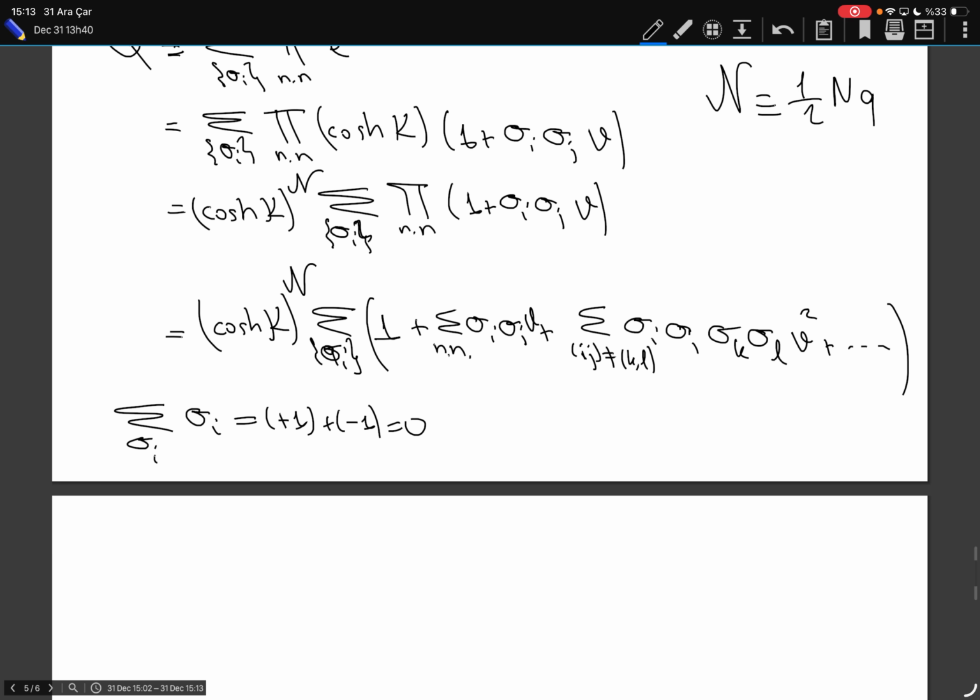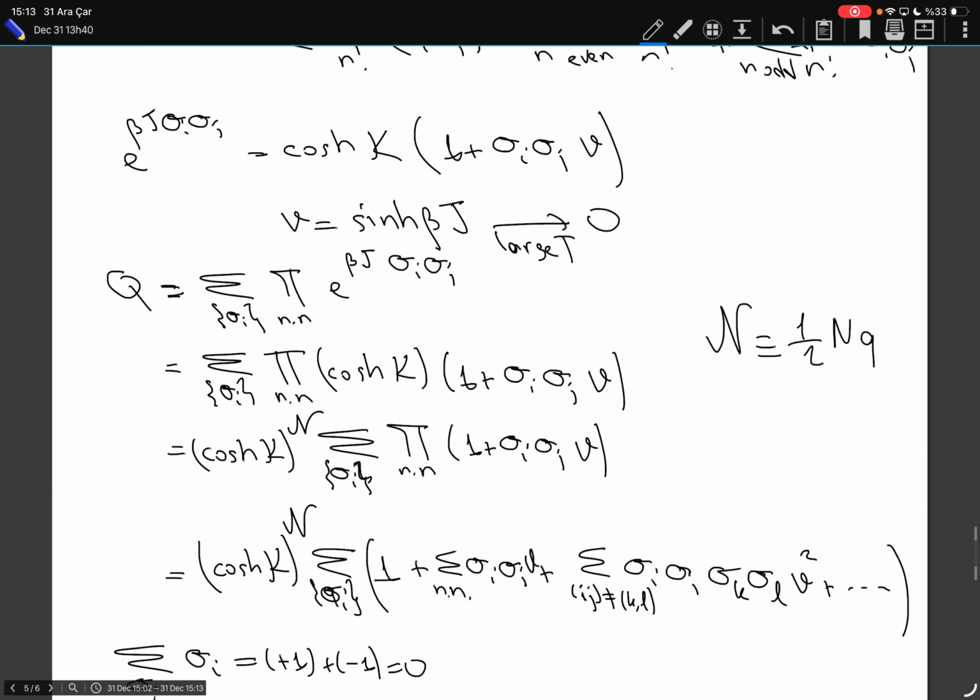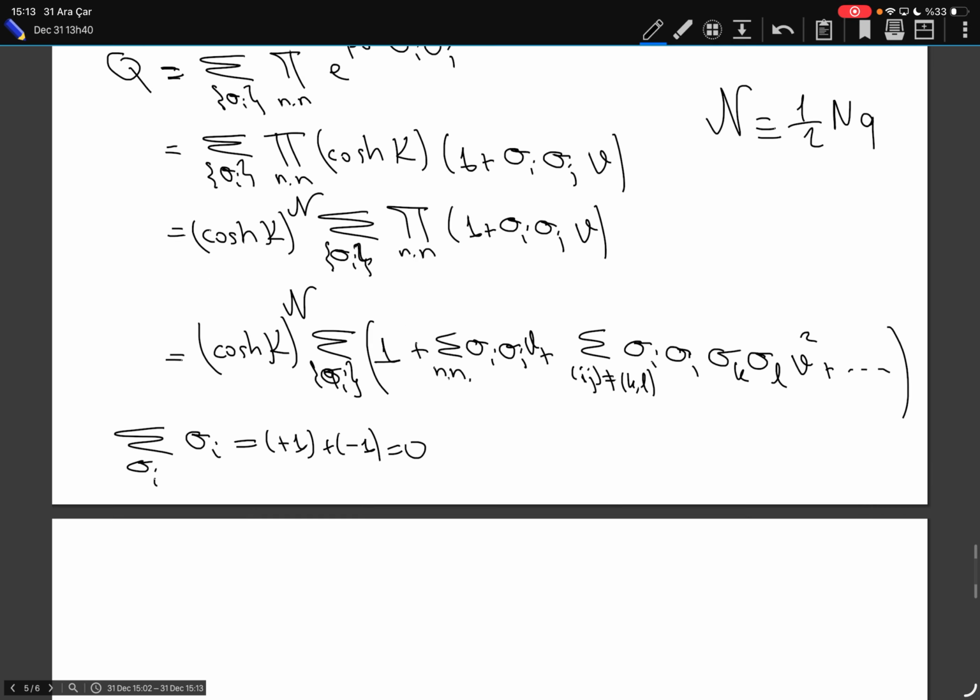All sigma i's equal to minus 1, that's another ground state. These two are degenerate in the free field case. But what do we do here in the partition function? What do we calculate? We sum over all the microstates. That is the definition of the partition function. At a given temperature, the system will not be in the ground state, or in fact, the system will not be in one particular state.